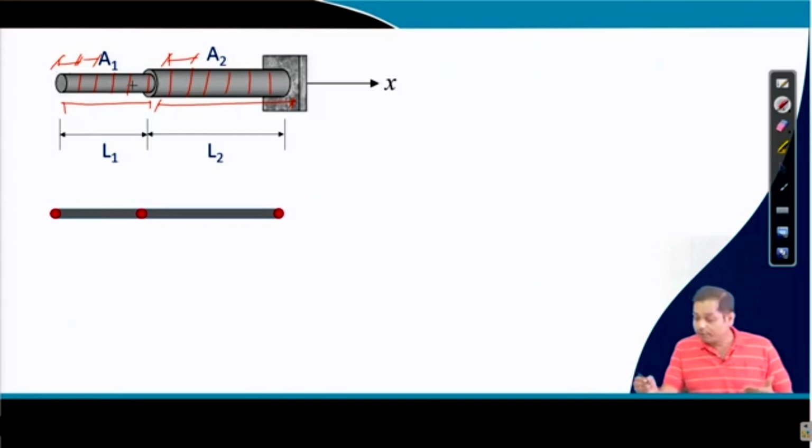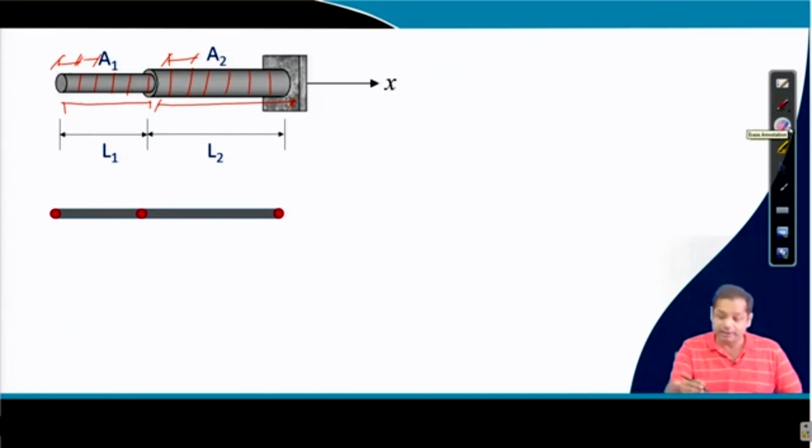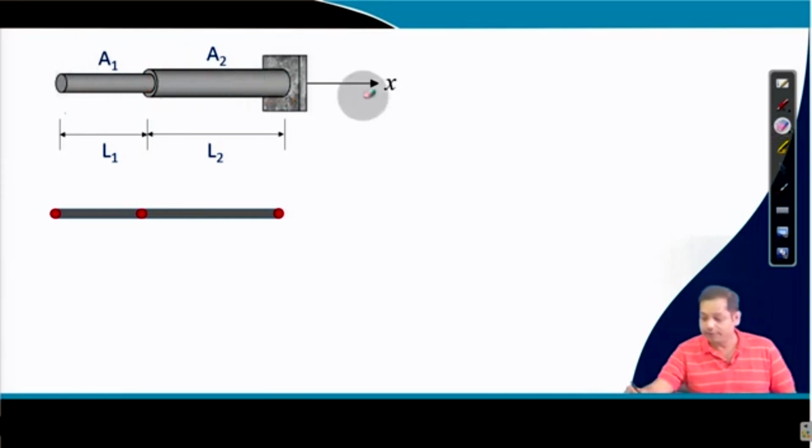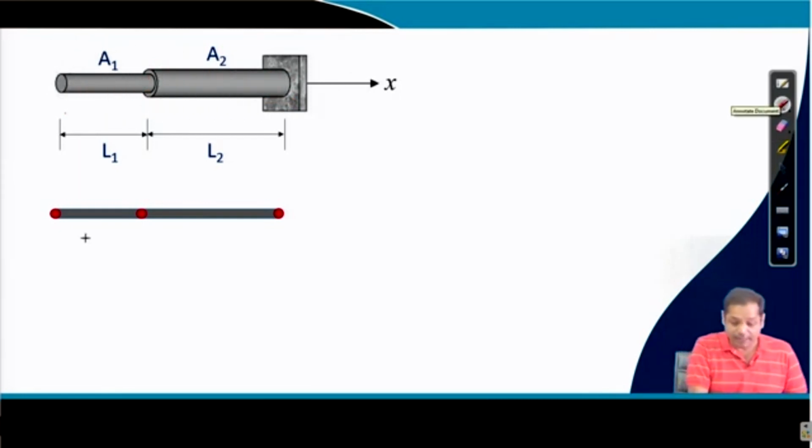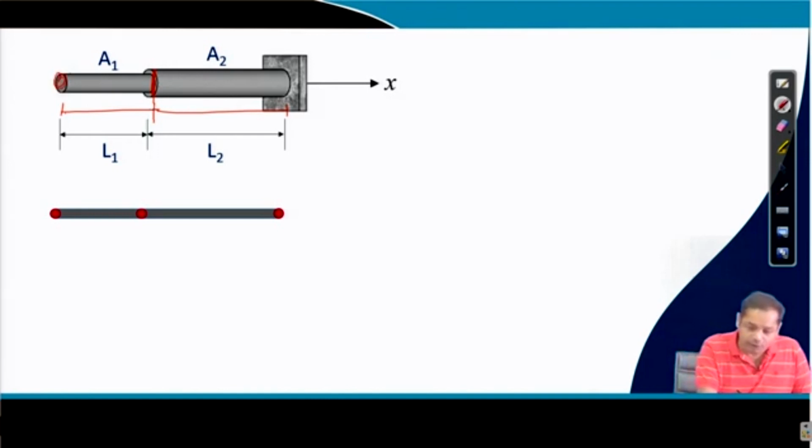But for demonstration purposes, let us divide the entire structure, in this case the bar, into 2 elements, like this. From here to here is one element, and from here to here is another element. So, this is 2 elements. If you divide into 2 elements, you have a node here, another node here, and another node here. Say this is element number 1 and this is element number 2.